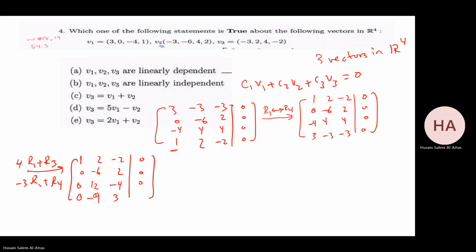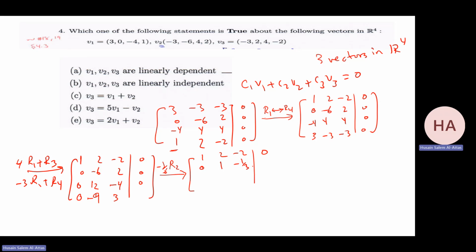Now, I can divide the second row by -1 over 6. Let me get rid of this to get what? 1, 2, -2. I have a fraction, it's okay. 0, that will be 1.